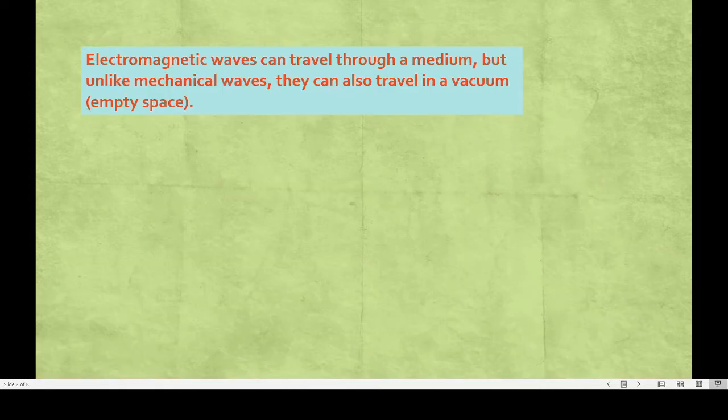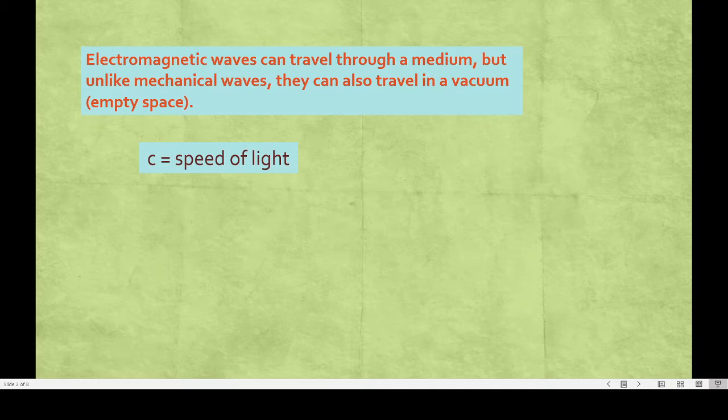In our previous lesson, we discussed that electromagnetic waves can travel through a medium but, unlike mechanical waves, they can also travel in a vacuum, or empty space. The different types of electromagnetic waves travel at the same speed, which is equal to the speed of light.